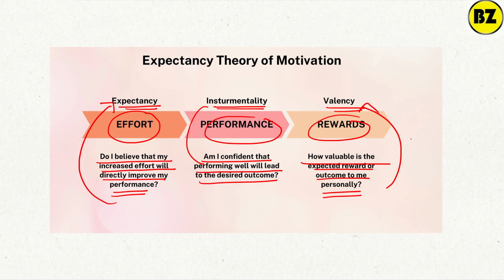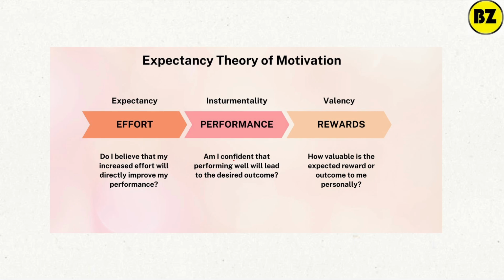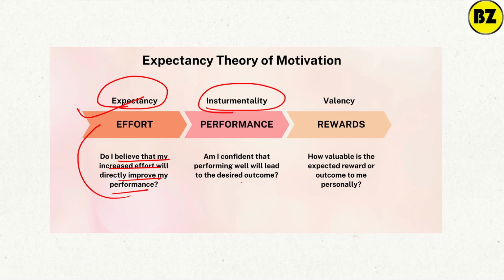Okay, so this is simply the crux of the theory. Remember only this: the meaning of the expectancy is whether I believe that my increased effort will directly improve my performance. If I am doing work and I am doing some extra work, whether it will be beneficial, this is expectancy. Instrumentality means what? Whatever I am doing, will I get the desired result.